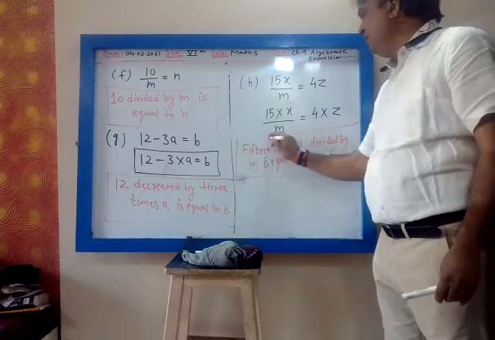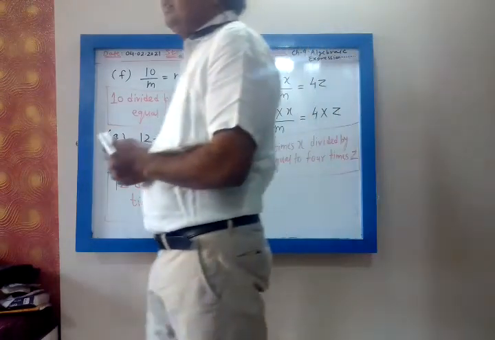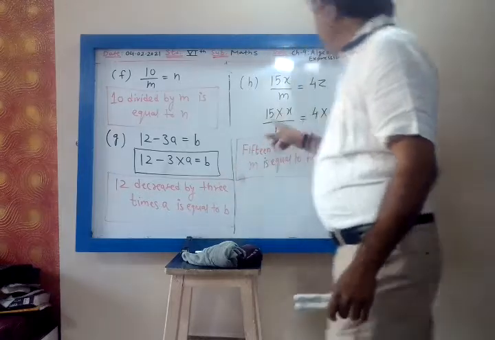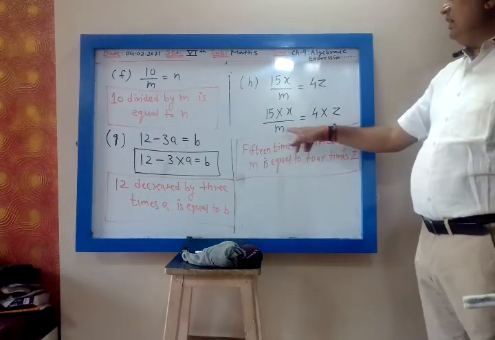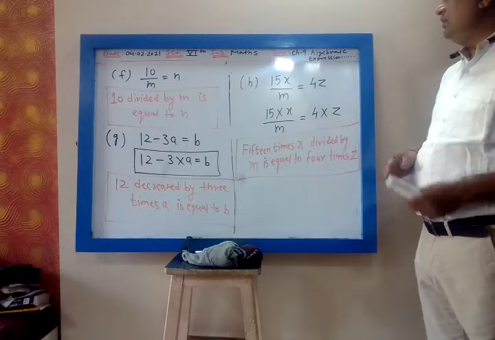Don't write the number, write the words, because we want to write down the statement. So 15 times x divided by M is equal to 4 times z.